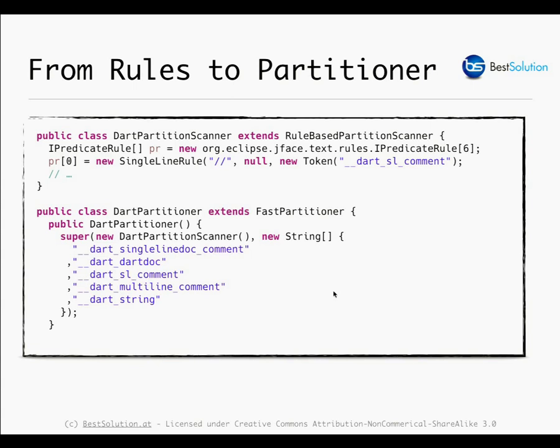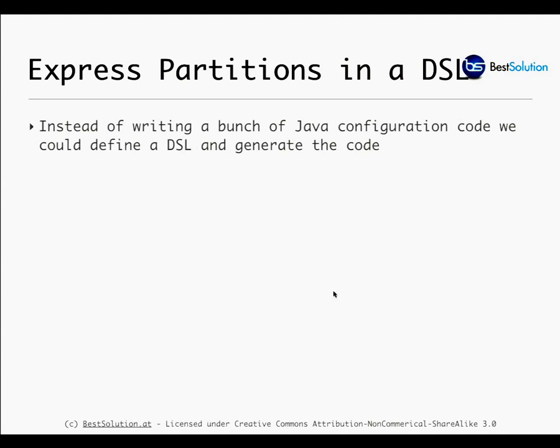But you need to remember that, and you need to write a whole lot of code to get Eclipse Text configured. So instead of remembering that, when we go to the next slide, this is an area where a DSL makes a whole lot of sense. I don't want to know all the infrastructure stuff of Eclipse Text to write syntax highlighting for my preferred language.